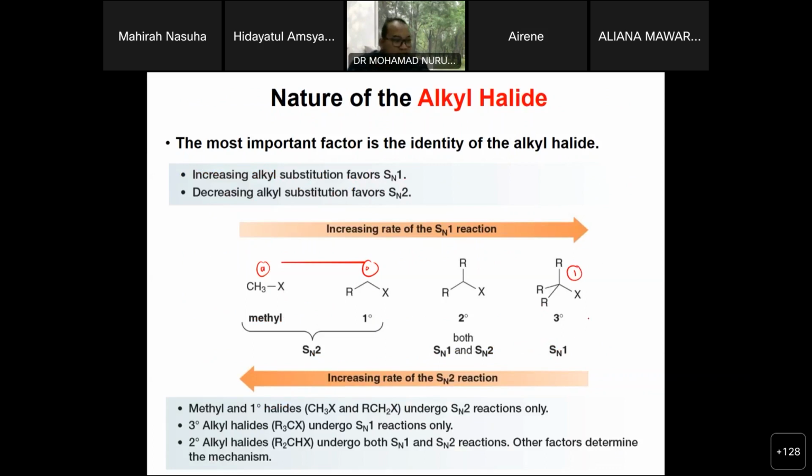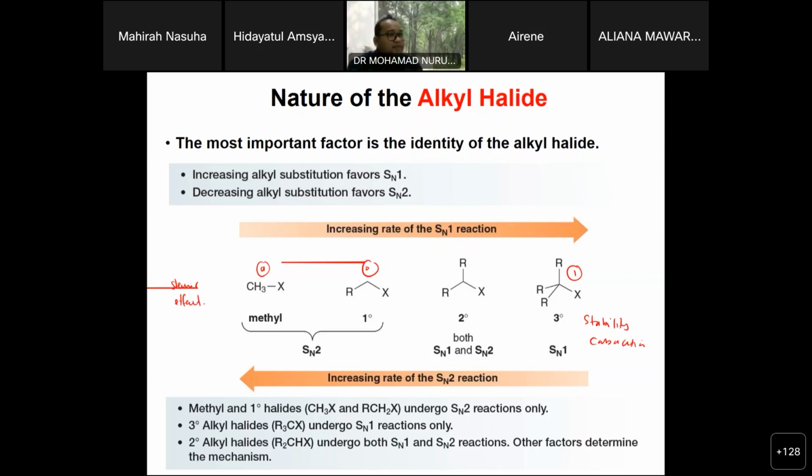This one is the least stable carbocation, and this one has a steric effect. This one is 50-50, negotiable; SN1 or SN2 depends on the second factor.